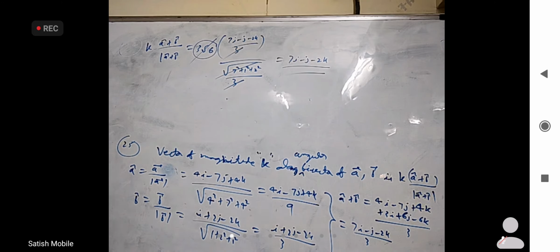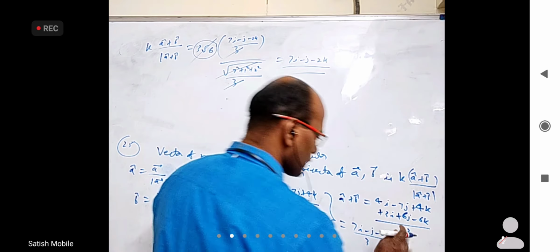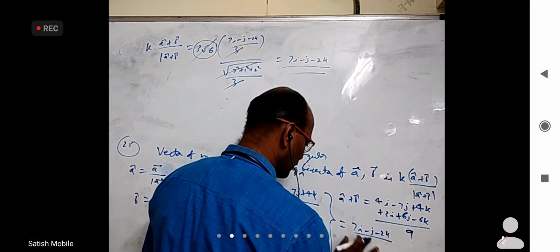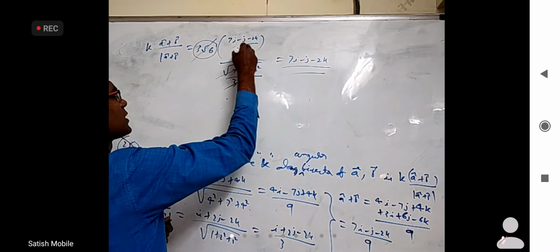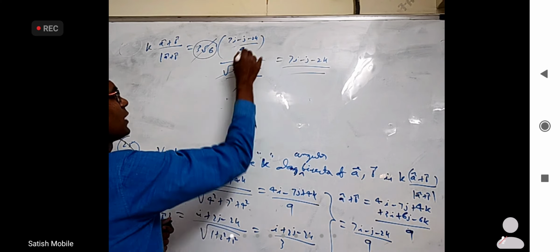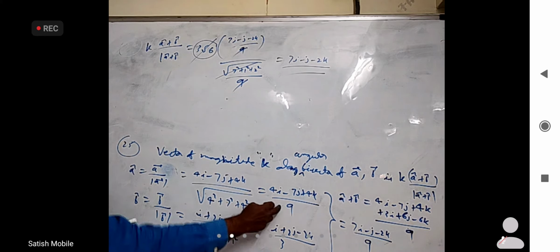Okay, it seems I wrote something wrong here. This is 9. It doesn't affect the answer, but still it is a mistake. This is 9 here, 9 here. This is 9 and 9 will get cancelled. The other part is, because I just took the LCM of the two denominators.